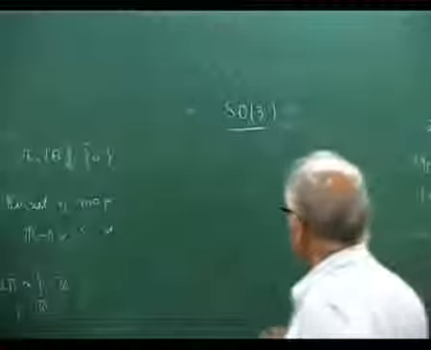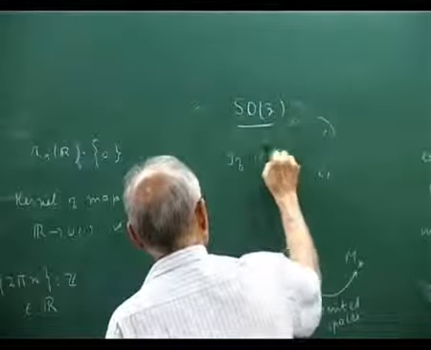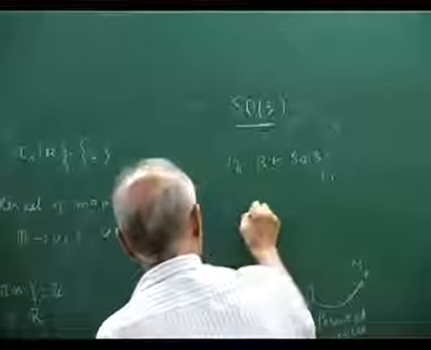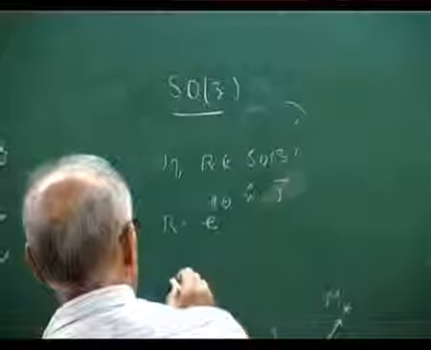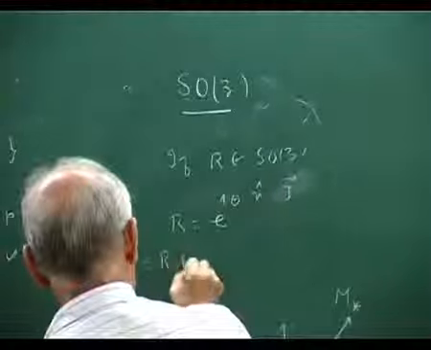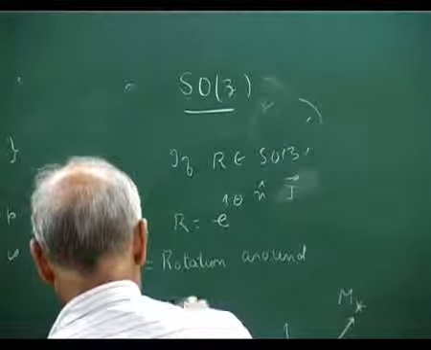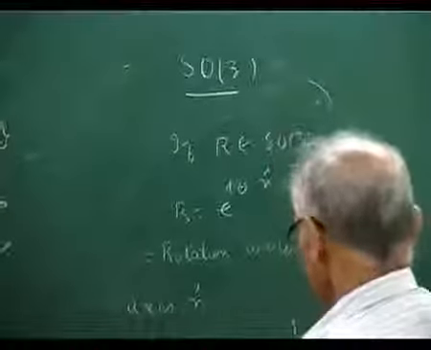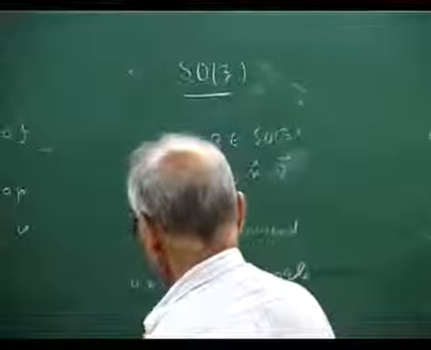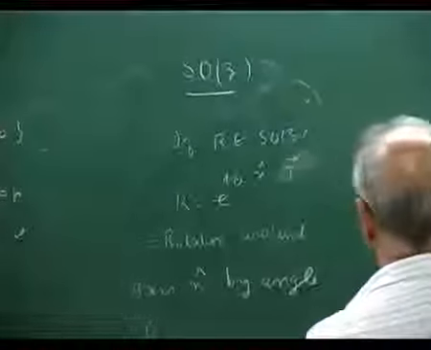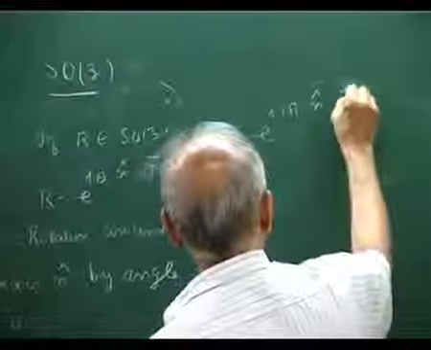We saw that if R is in SO3, it is a real orthogonal matrix, R is a rotation by some angle theta around some axis n hat, exponential i theta n hat dot J. But exponential i 2 pi n hat dot J is 1.